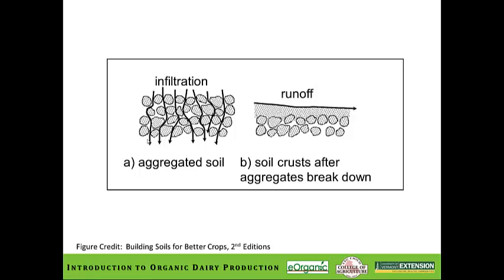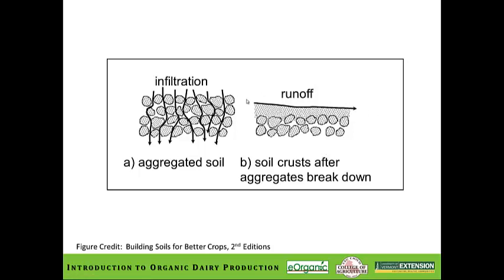Now, what often happens if you have poorly aggregated soil or very weak aggregates, so they're not held together by microbial glues very well, the minute you get a rain, you break up the soil particles and they're just laying on top of each other, and it creates this soil crust that we often see after major rainfalls. Once that soil crust forms and we get a rainfall, the water essentially just runs over the top of the soil, and therefore you have poor infiltration of rain.